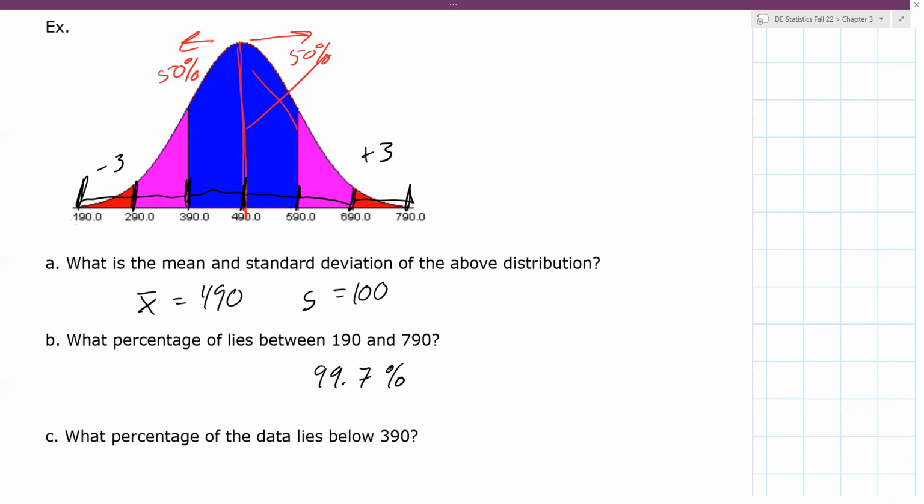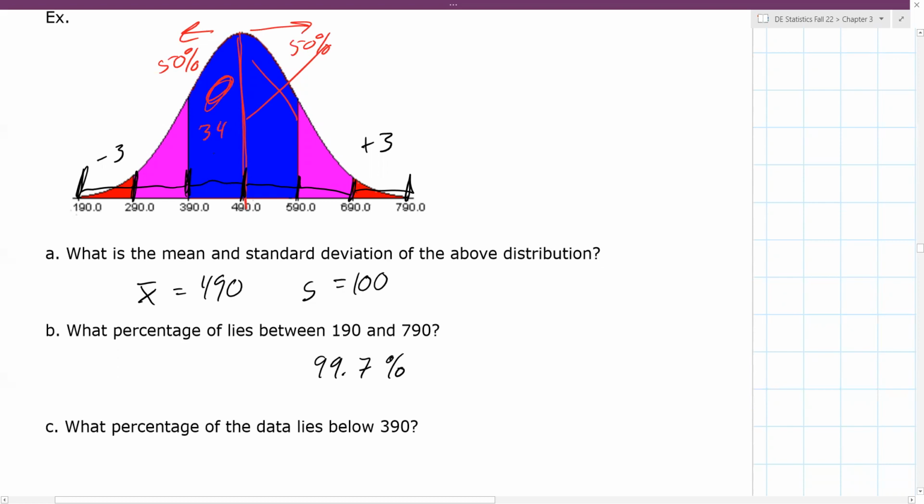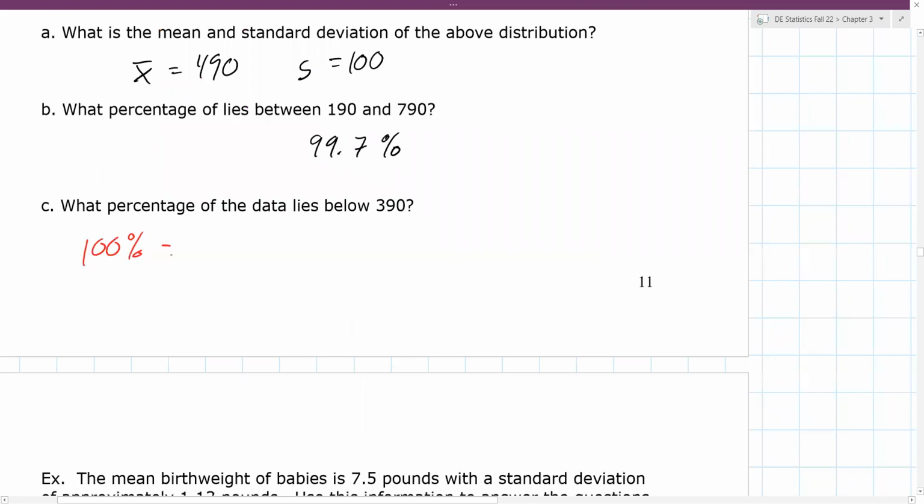The next step is to look at how much of the graph is in this blue area here. So I go up, oh, that's 34%. So I started out at 100%, and I didn't have any of the right side of the graph, so I subtract 50%.